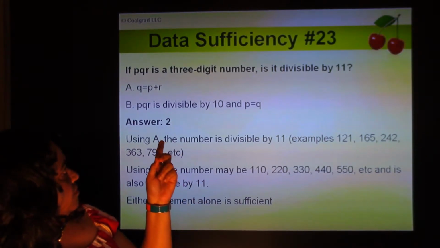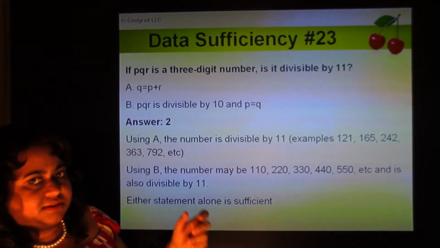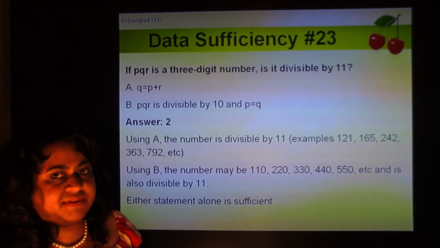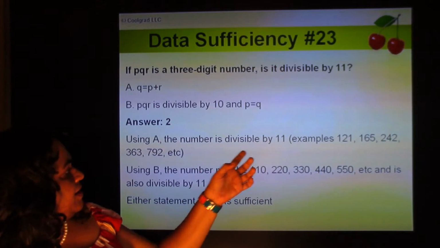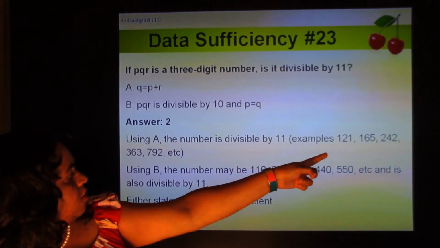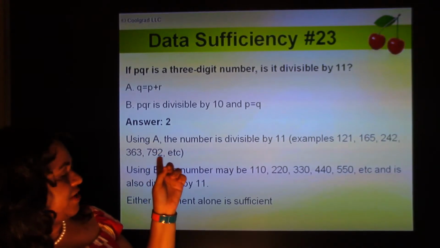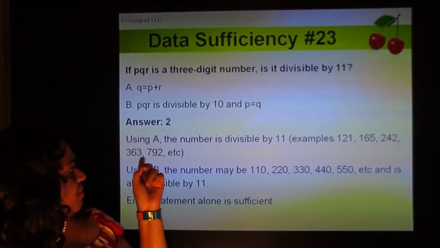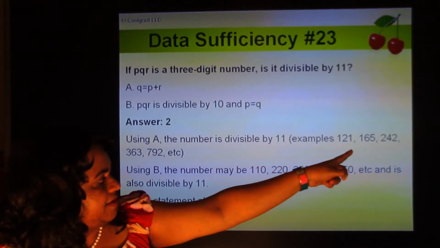So we have the middle digit equal to the sum of the other two digits. That is one of the conditions. When that happens, the number is divisible by 11. So the number is of the format 121 or say 165, 242, 363, 792. You take any of these numbers where the middle number is the sum of the other two. Try dividing it by 11. Let's say 165, divide by 11.